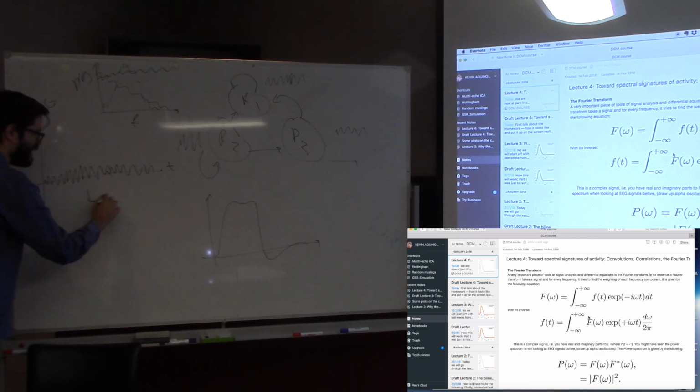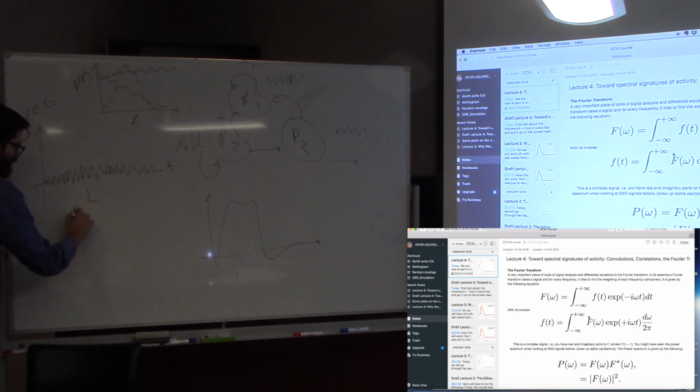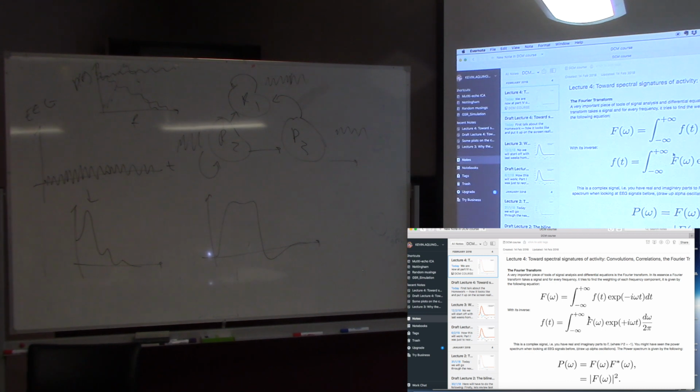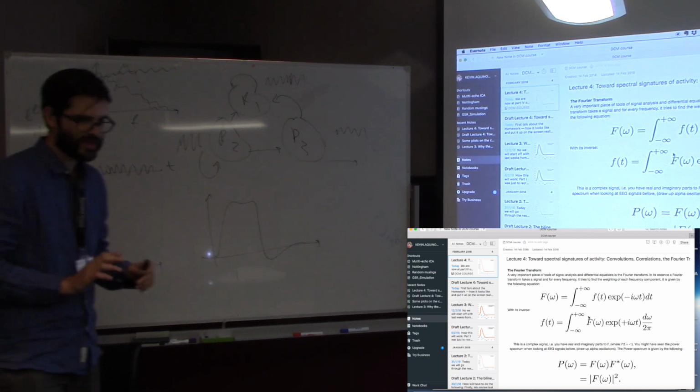To see that, you do a power spectrum using this formalism, and you get a peak at 10 hertz, and 20 and 30 and so on. So this uses this formalism. This is what a Fourier transform is. Okay, so I want to do an example for you.